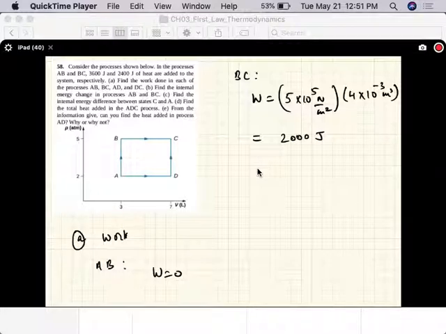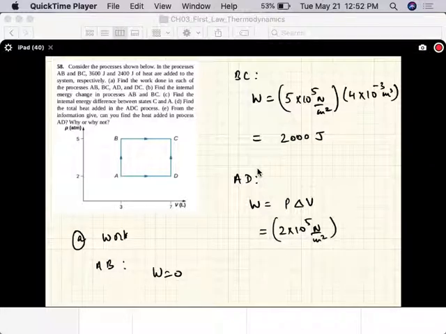For the process AD, the work done is P delta V, equal to 2 atmospheres, and delta V is again 4 liters.